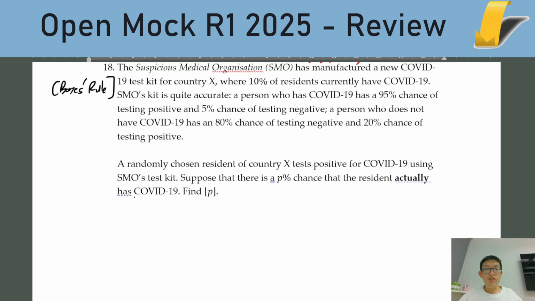The question is asking for the probability that someone who tests positive actually has COVID using this test kit, and this test kit, as has been described, seems pretty accurate.